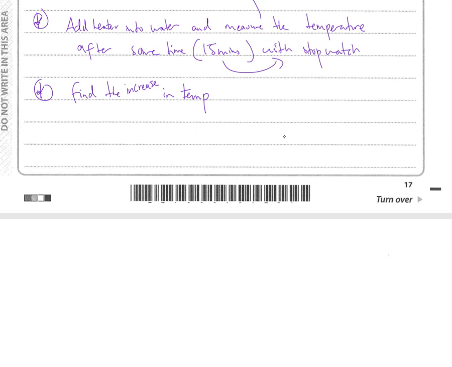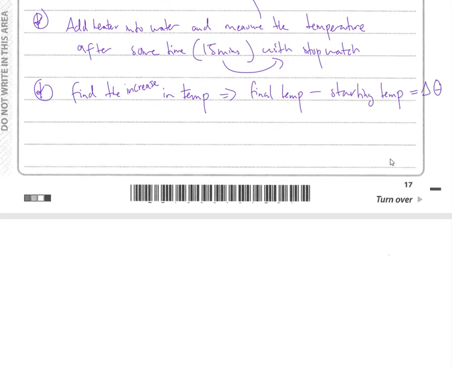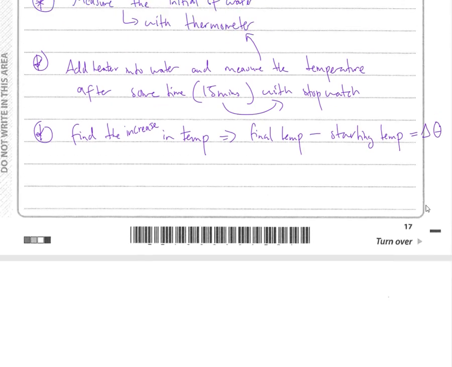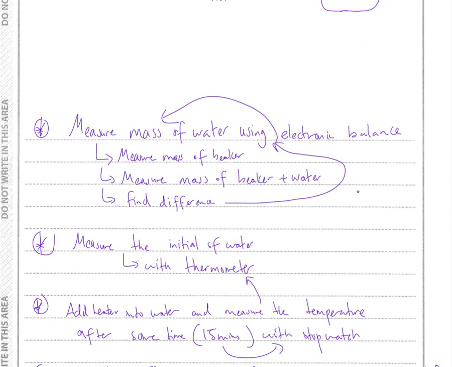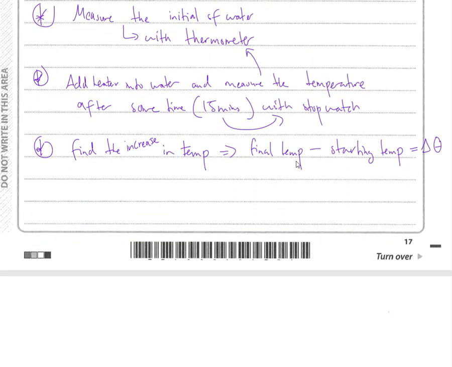So final temperature minus starting temperature gives us delta theta. Now we have delta theta and we have the mass. Now we need to find the energy.